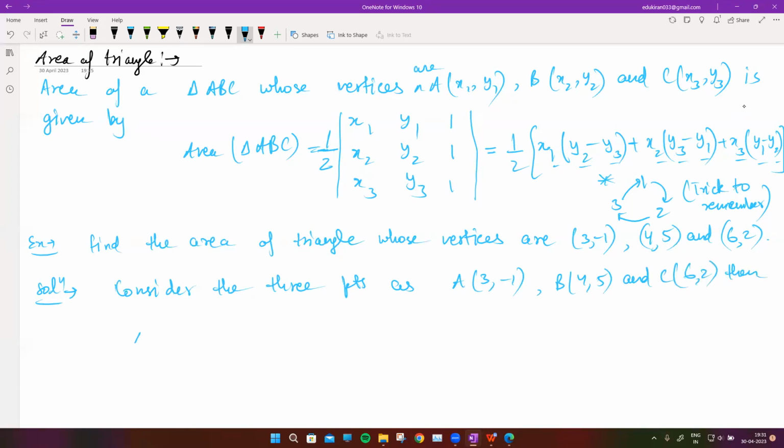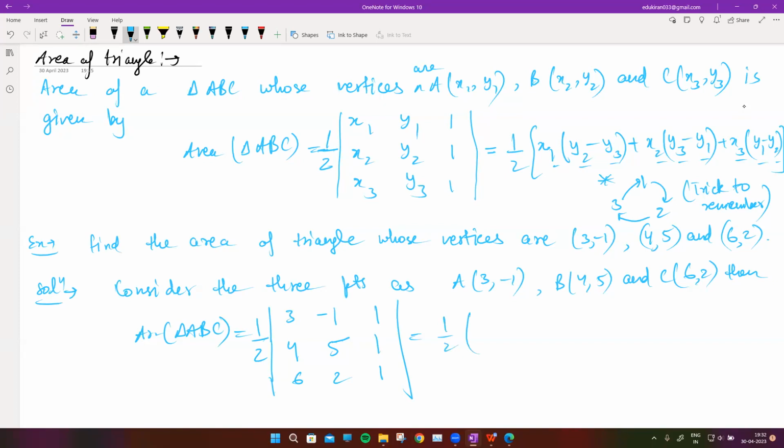Then the area of triangle ABC is given by using these three vertices. This would be 3, minus 1, then 4 and 5, and then 6 and 2, and the third column will obviously be 1. That's obviously half of it. Now please solve it and tell me the answer.